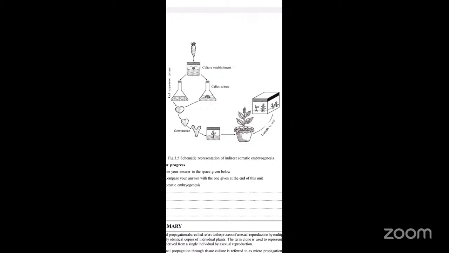Another one is xylogenesis, the differentiation of parenchyma into localized secondary wall thickening in xylem tissue.